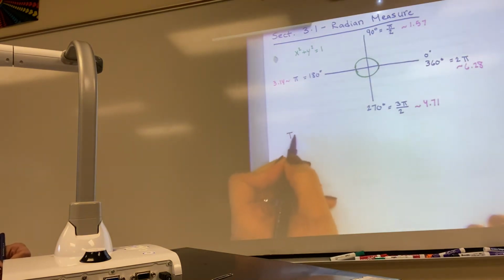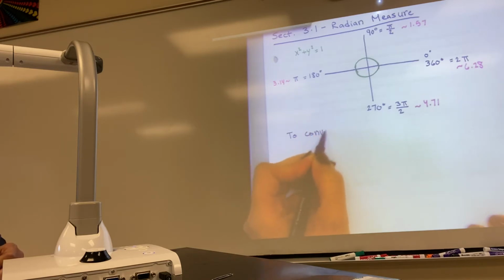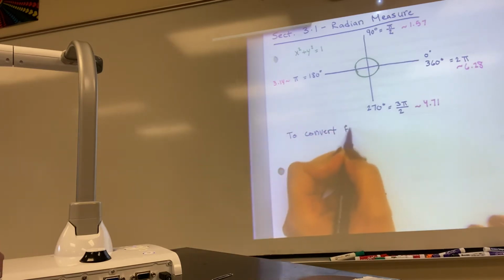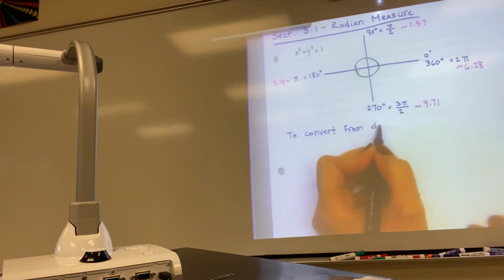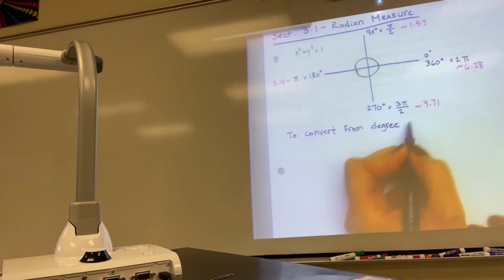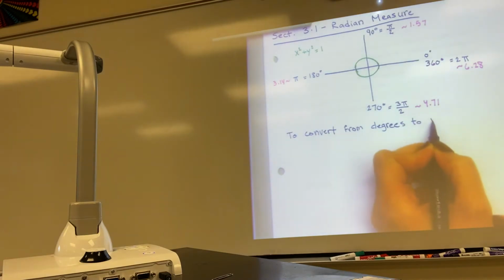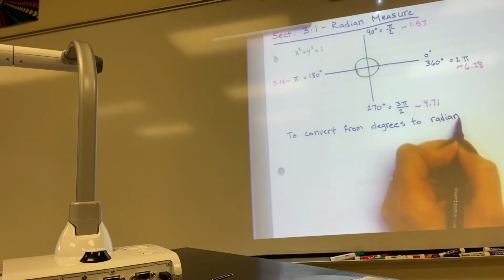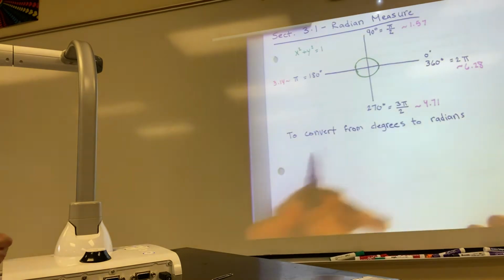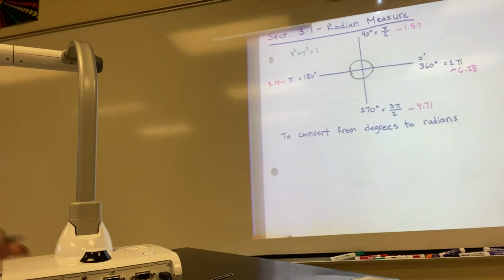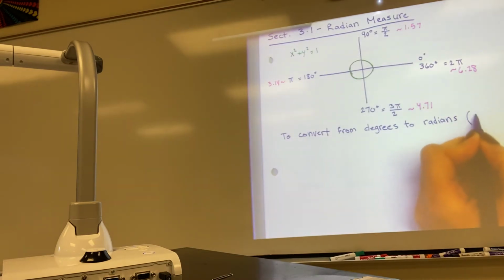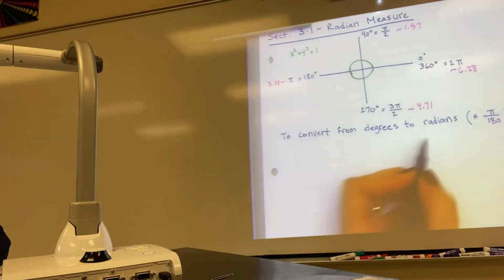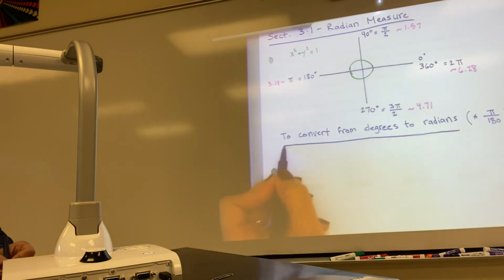To convert from degrees to radians, we multiply by pi over 180. We will see that in the next examples.